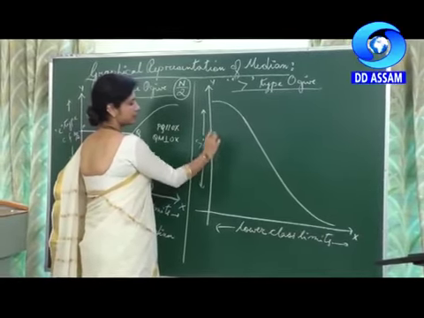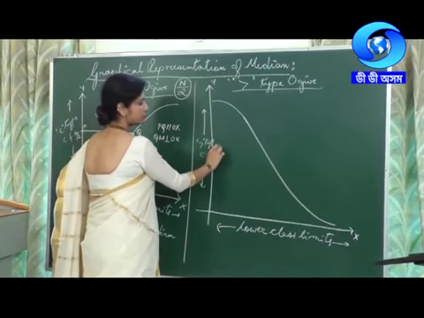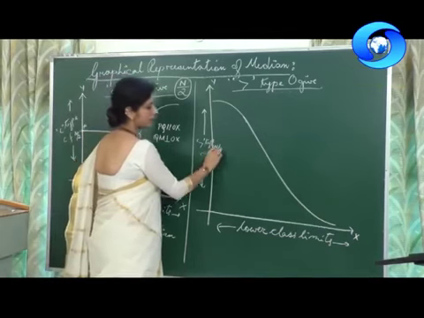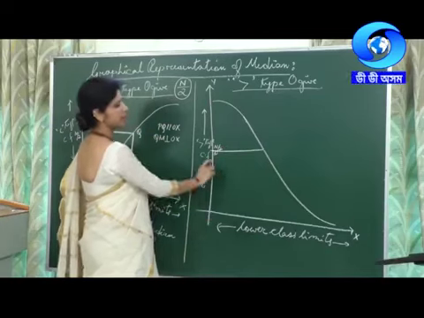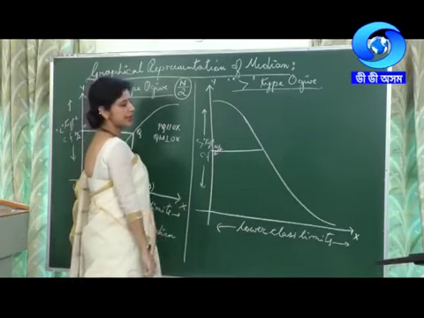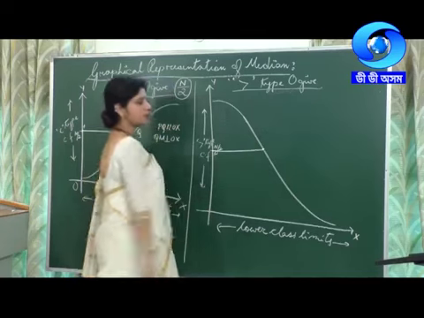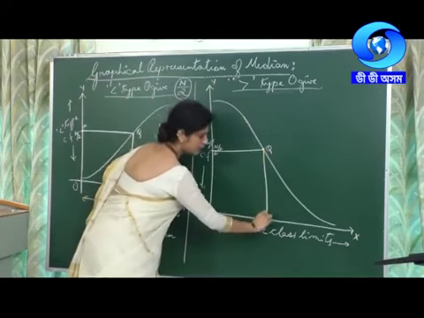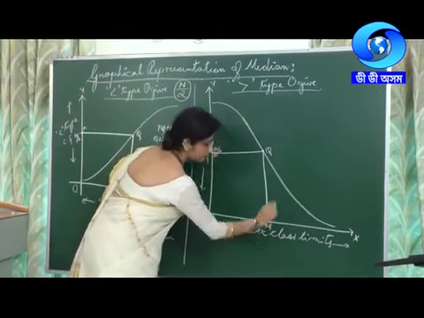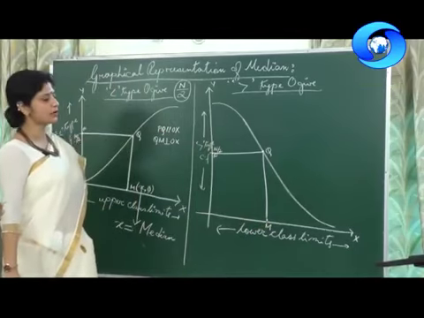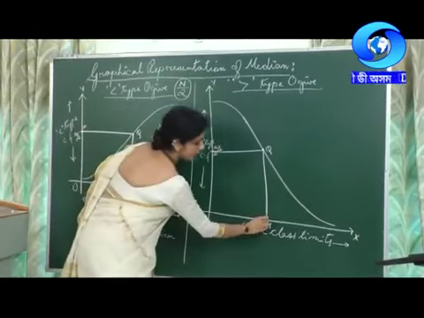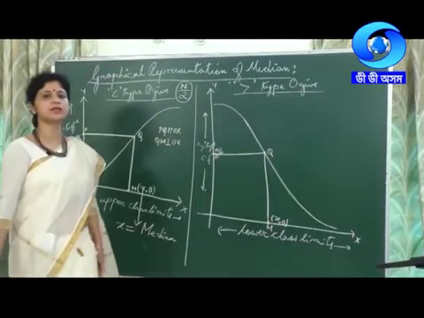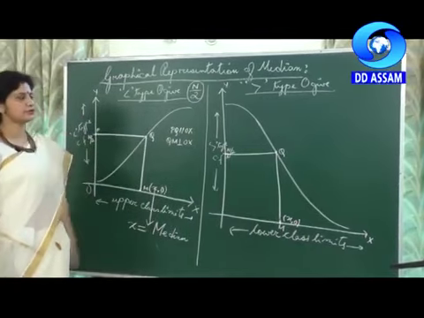We locate the point corresponding to n by 2 on the y-axis. We name it as point P. From point P, we draw a line parallel to the x-axis which meets the ogive at some point Q. From the point Q, we drop a perpendicular, say QM, such that M lies on the x-axis, and then the x coordinate of the point M is the required median for the given distribution.